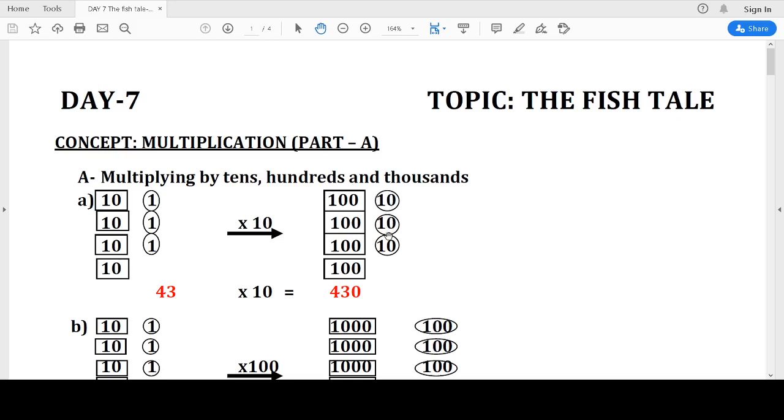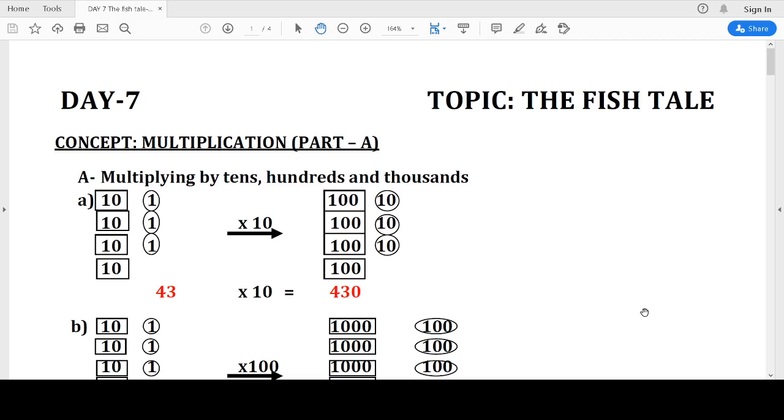So each box becomes 10. So this is 430. So 43 tens becomes 430. In simpler words, when you multiply a number by 10, you add one 0 towards its right, so that it becomes 430. Okay.